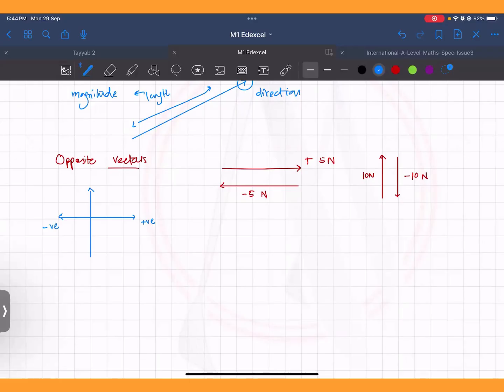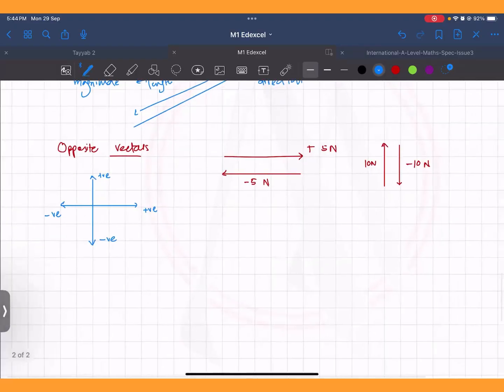If it is upwards, we take it positive. If it is downwards, we take it negative. So regardless of whatever the value is, if your vector direction is to the right side, we would take it as a positive vector. We would write a positive 10 or positive 15 or positive anything. If it is going to the left side, then we write it as negative 15 or anything.